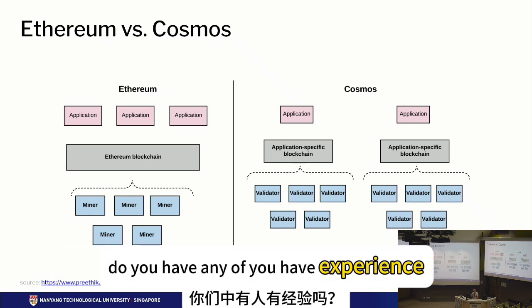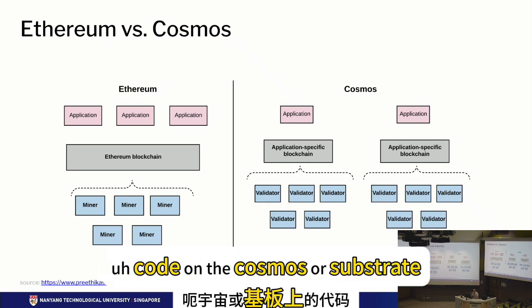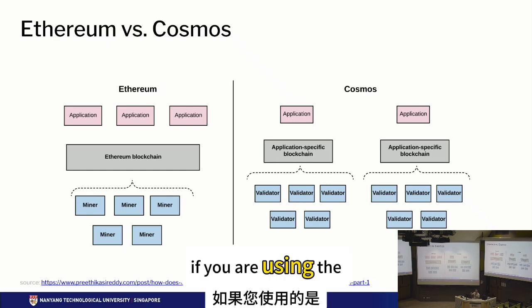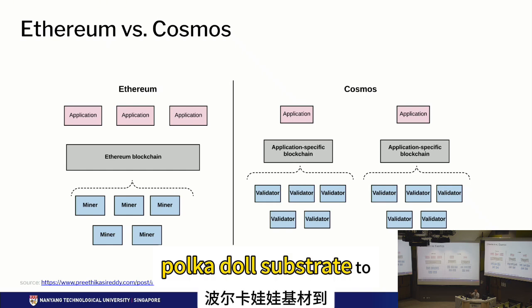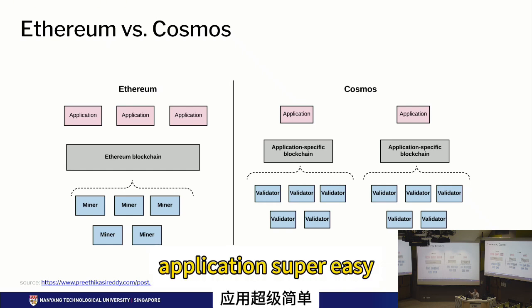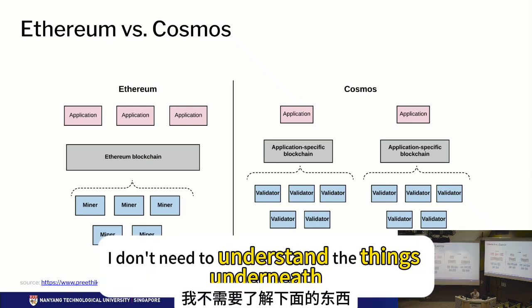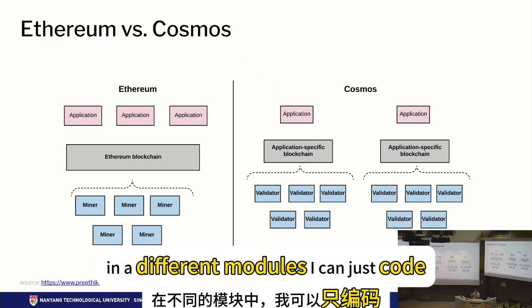Do any of you have experience coding on Cosmos or Substrate? No? Yeah. If you are using Polkadot Substrate to build an application, it's super easy. Developers' feedback is very positive, because I don't need to understand the things underneath in different modules.